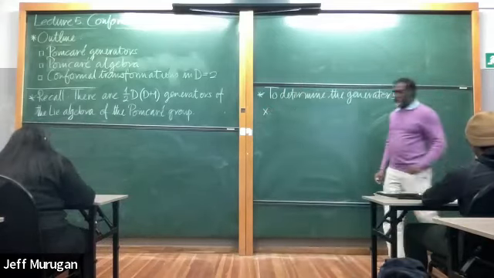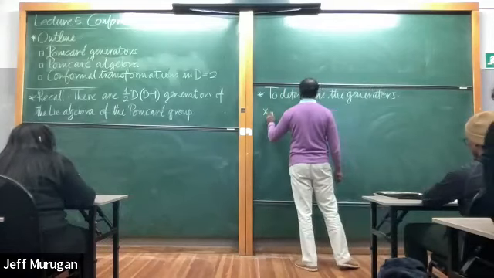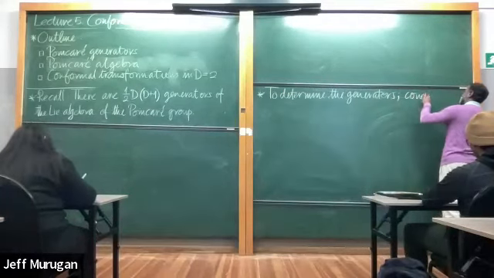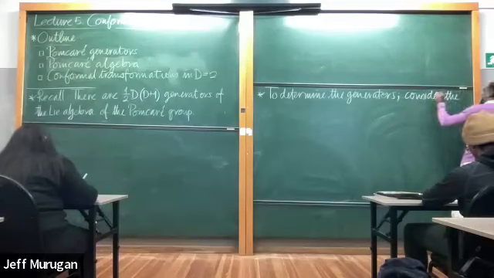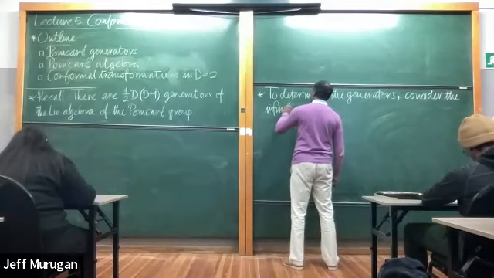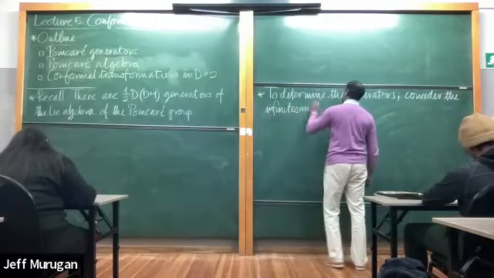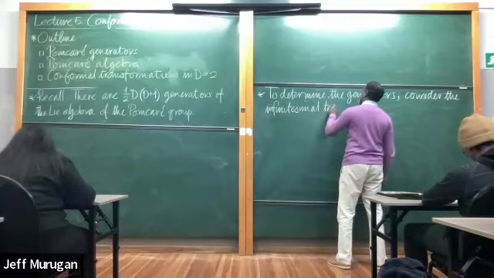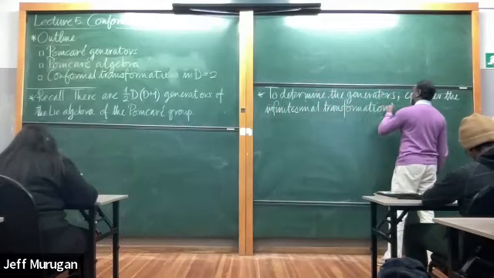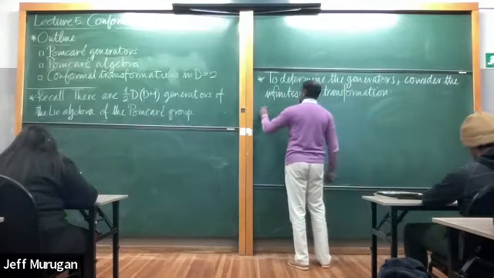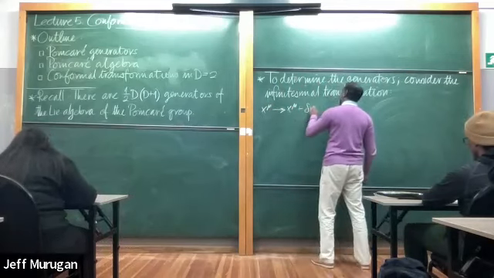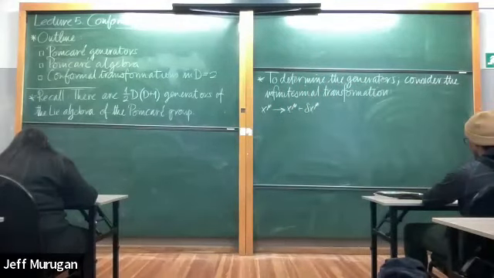We start by making an infinitesimal transformation. So x nu goes to x nu plus small delta x nu.